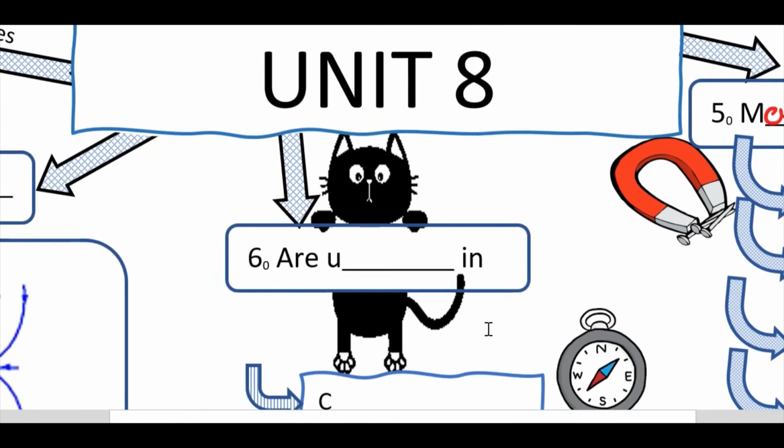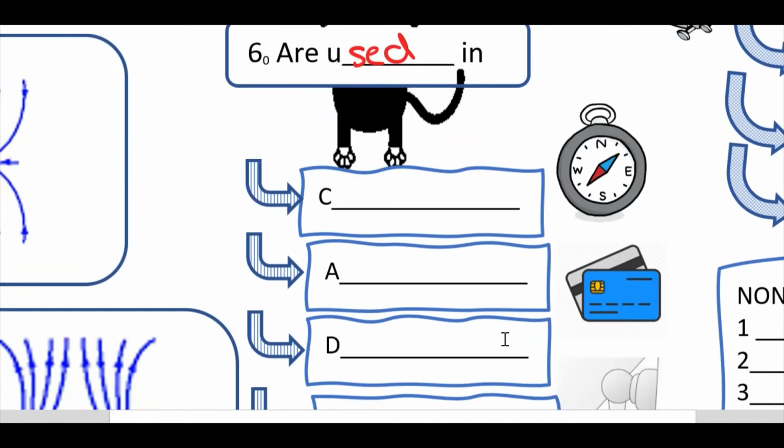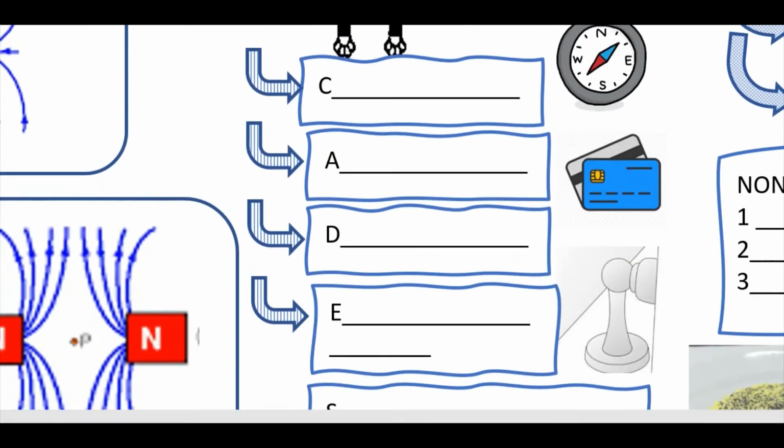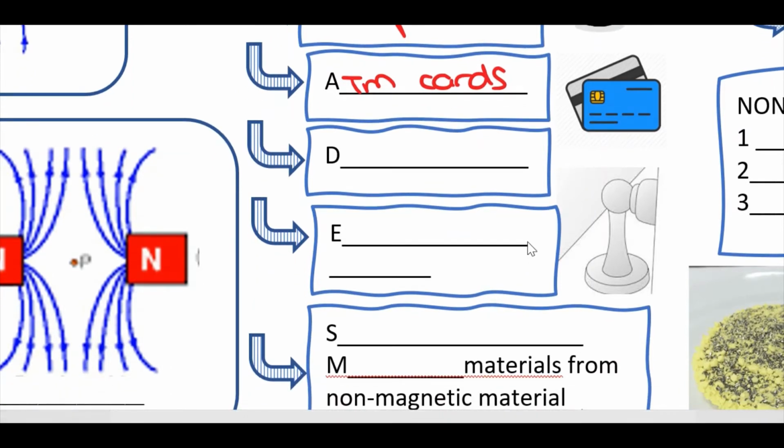And magnets are mainly used in compasses, ATM cards, this one right here is a door stopper.